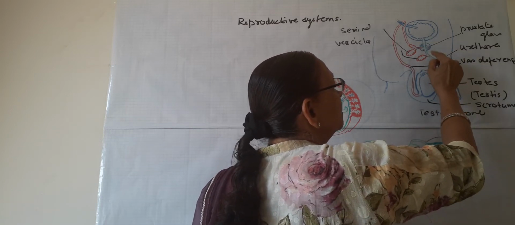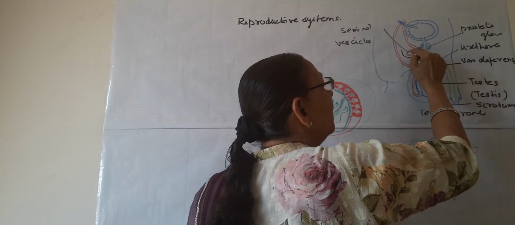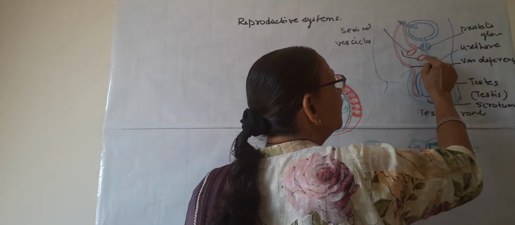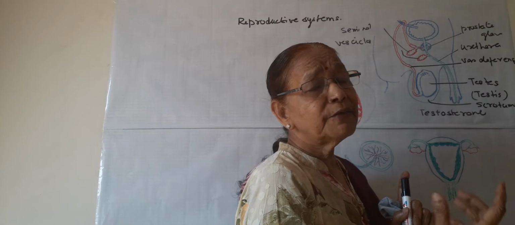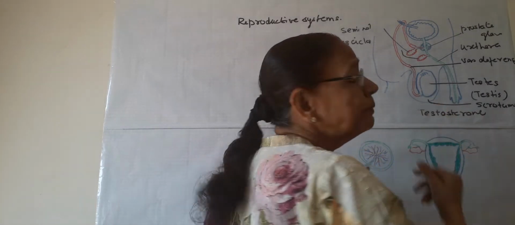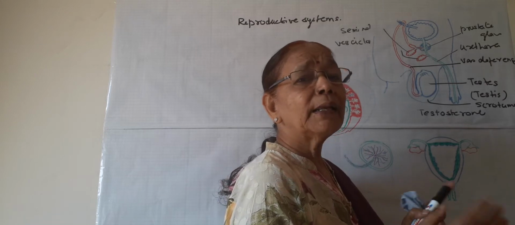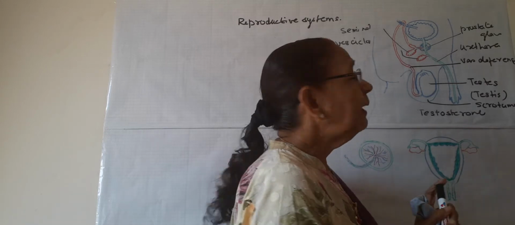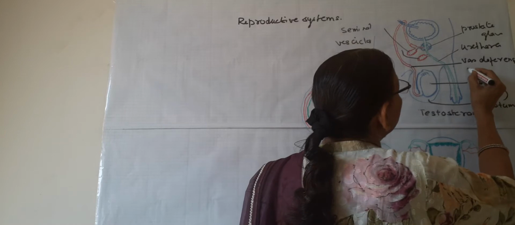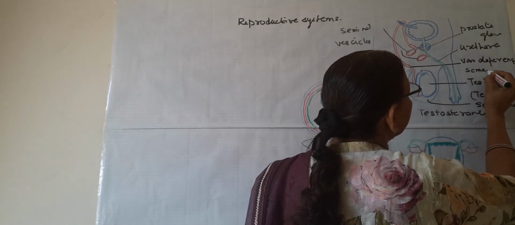So a common tube is formed, and the secretion of seminal vesicle and prostate glands, which is a fluid, mixes with the sperm. So now the sperms are in a fluid, and this fluid is known as semen.